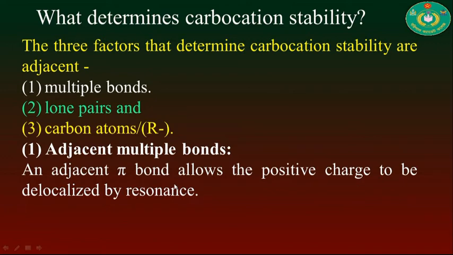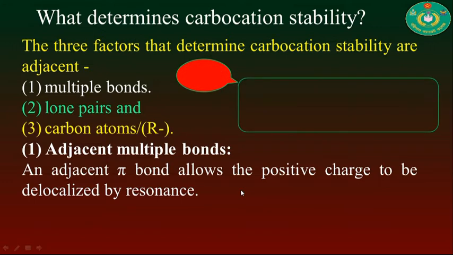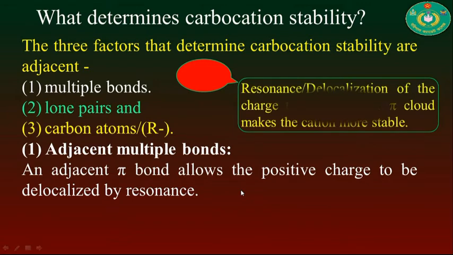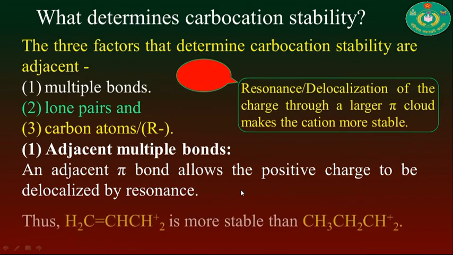An adjacent pi bond allows the positive charge to be delocalized by resonance. Do you know the definition of resonance? It's simply the delocalization of electrons, which will be discussed later.